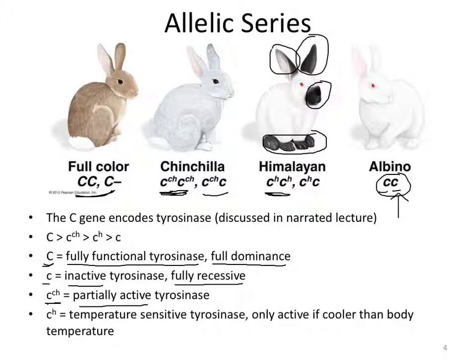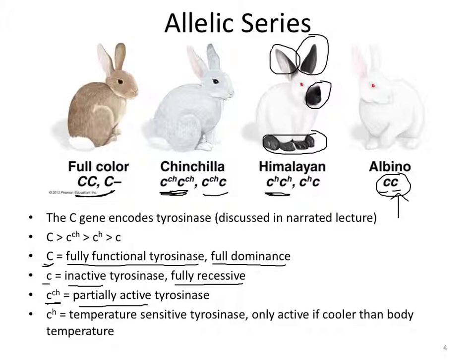So the tyrosinase produced there when genes are expressed in those cells is functional, so you get pigmentation there. In the hotter parts of the body, including the eye region, the tyrosinase is non-functional, and so you're left with no pigment there. The overall pattern is referred to as Himalayan. So it's a temperature-sensitive allele.